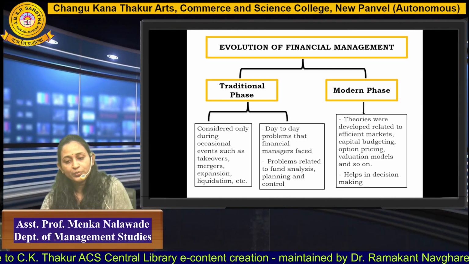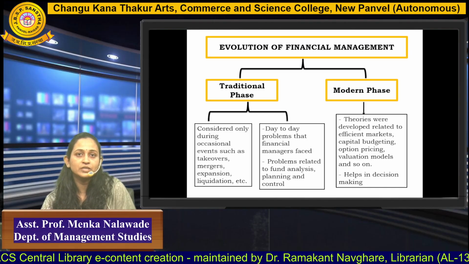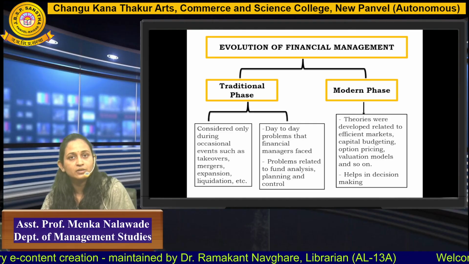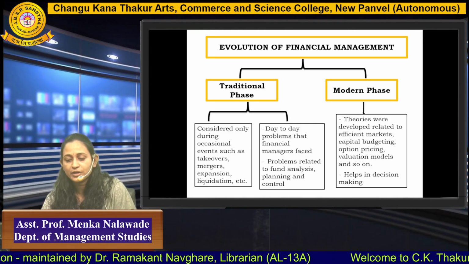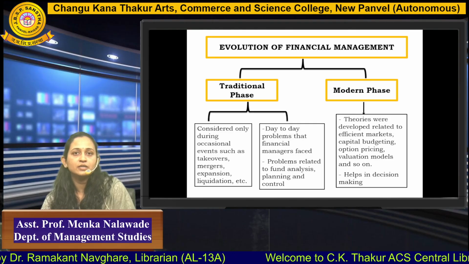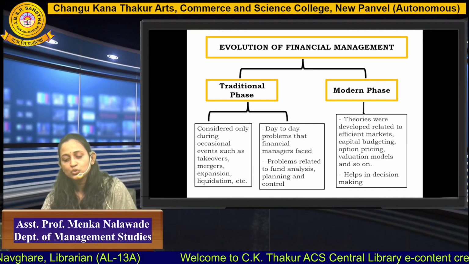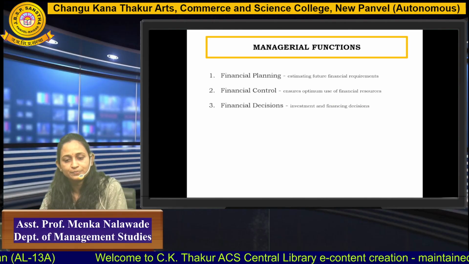In the modern phase, looking at the problems faced by financial managers, certain theories were developed later, that is efficient markets, capital budgeting, option pricing, valuation models, and so on. All these theories later helped the enterprise or organization to take correct decisions.